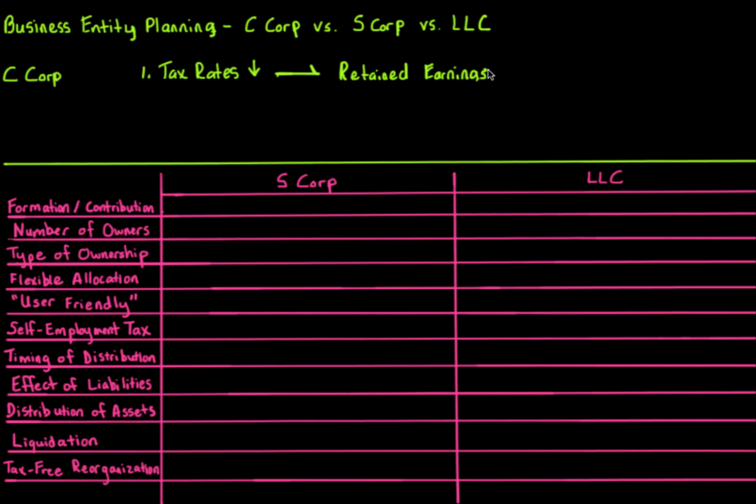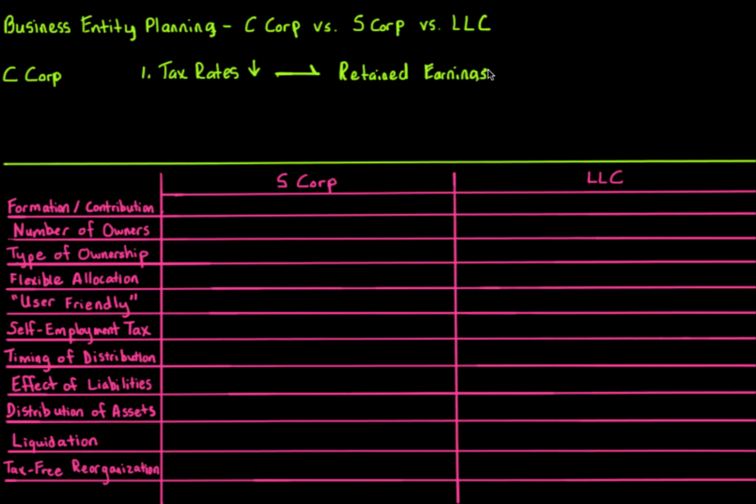But with S corps and LLCs, the losses can be passed through down to the owners. Now, there's some limitation on that because of passive activity loss rules and at-risk rules and the basis rules. But generally speaking, with a C corporation, if there are losses in the entity, you can carry back, carry forward, but the owners can't necessarily utilize that loss in that same year. So that's a real big issue.